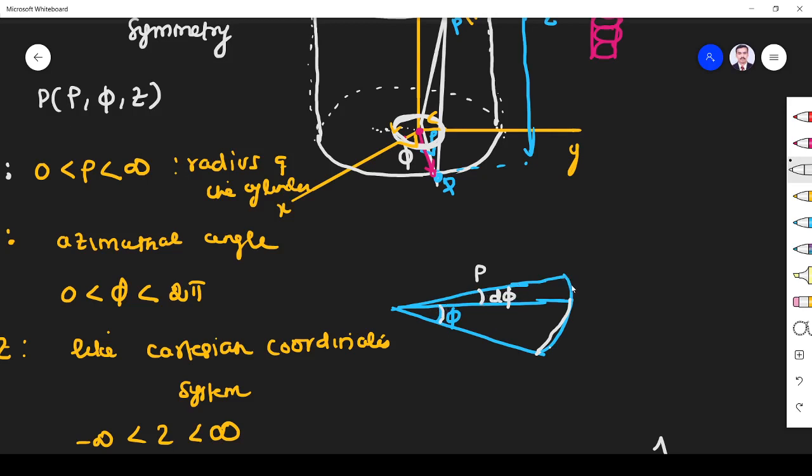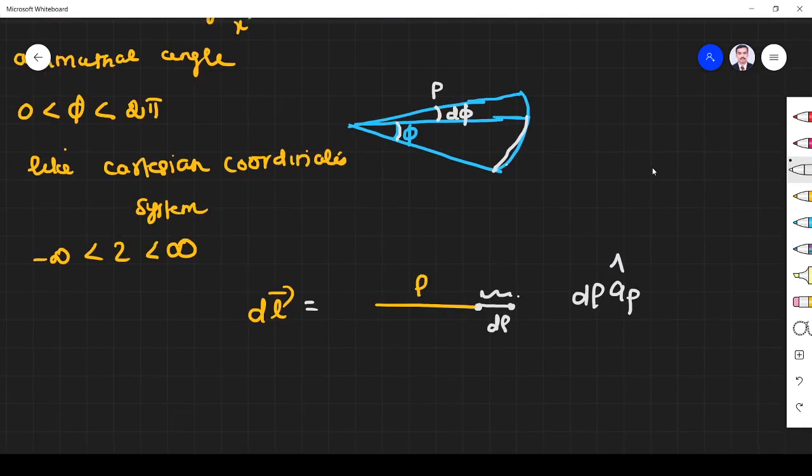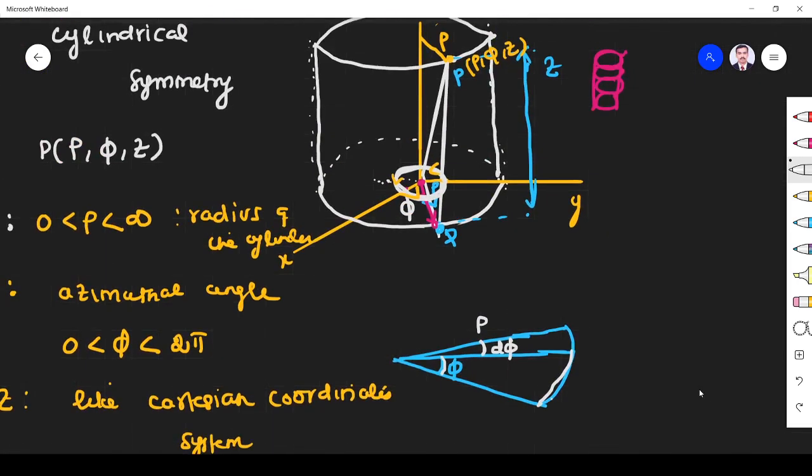D phi. But I cannot write a change in angle; I have to write a change in length, dl. So what is the formula we have? We know that arc is equal to angle into radius.